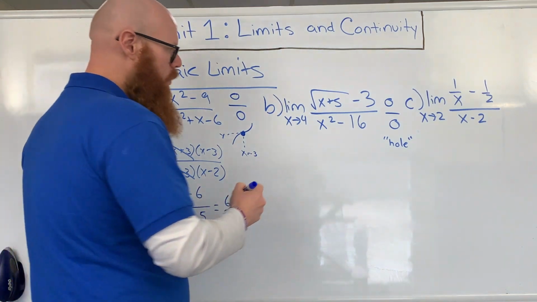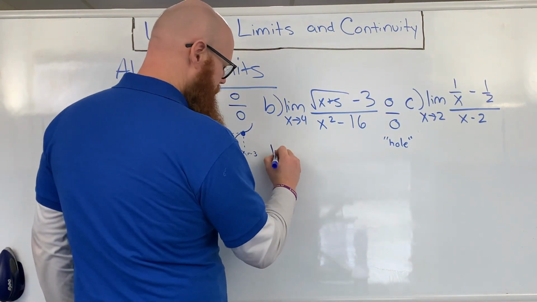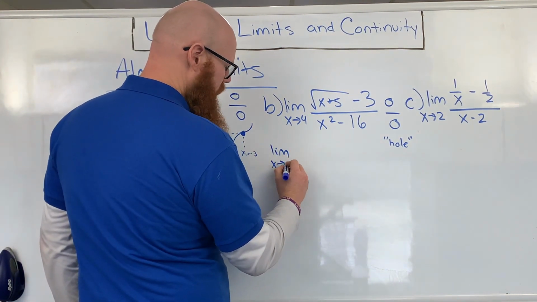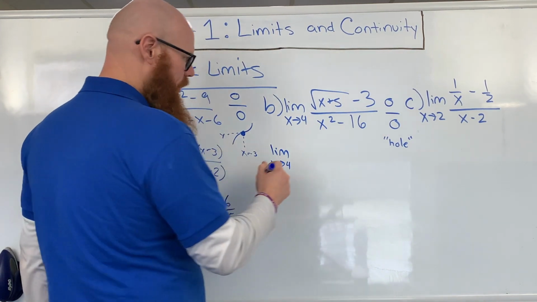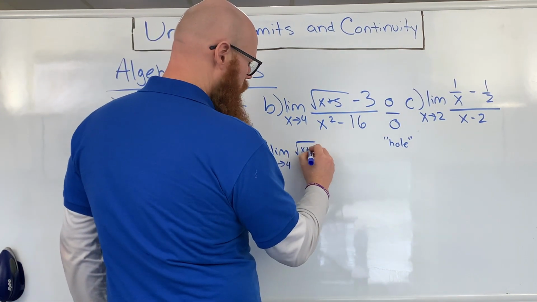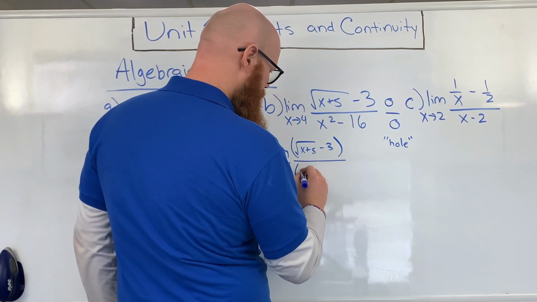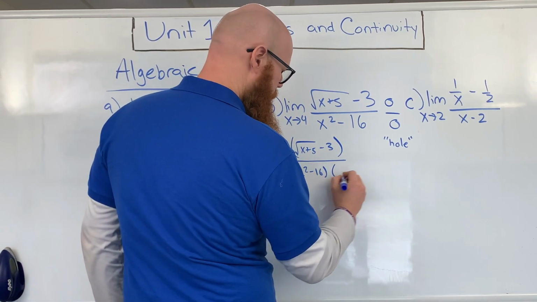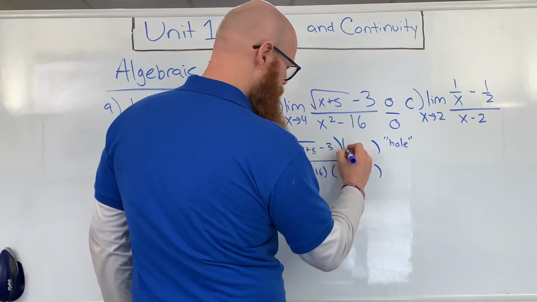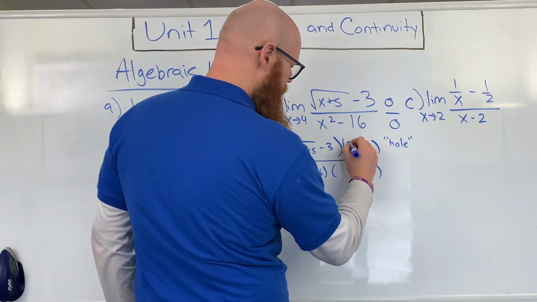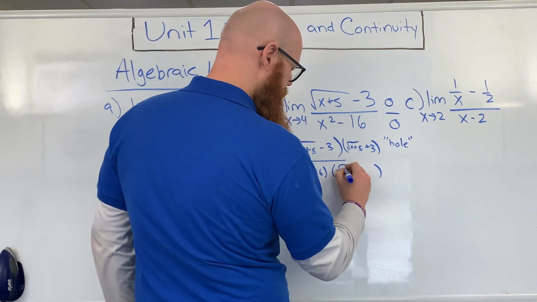So to find the y coordinate of that hole, our strategy is that the factoring is not really going to work here. So you are going to multiply top and bottom by what's called the conjugate. And the conjugate is root x plus 5 plus 3.